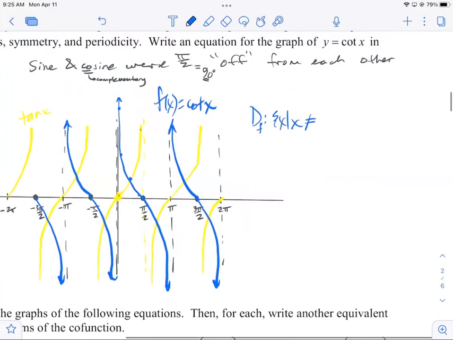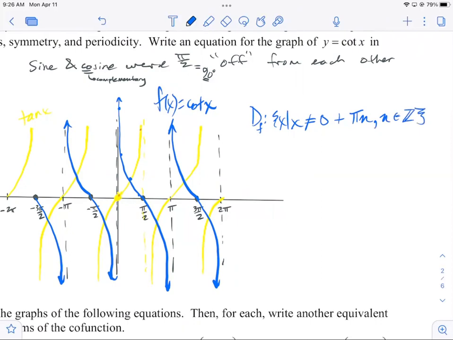I like 0. My hero, 0. Have you heard that song from Schoolhouse Rocks? Plus multiples of how often they occur. How often do they occur? Pi. So pi n, where n is a what? An integer.